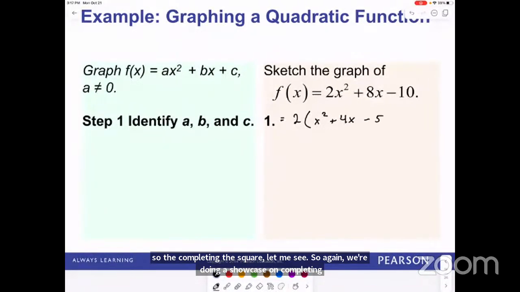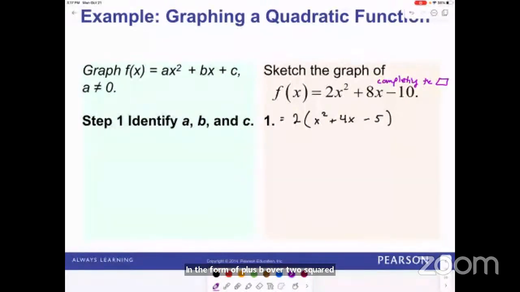That's where we're going to add 0 in the form of plus b over 2 squared and minus b over 2 squared, right? So that's the completing the square step. We're adding 0, which is not going to change the final answer. It's just going to change the form of our equation into something that we can use.